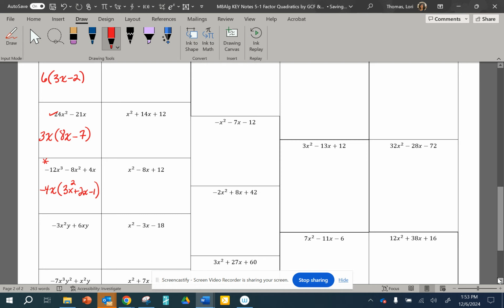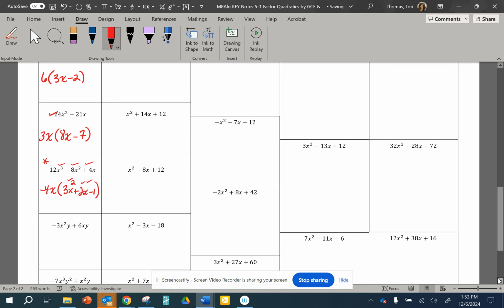If I start with a trinomial and I'm factoring out a GCF, I will still end with a trinomial. So these are my two factors, negative 4x and 3x squared plus 2x minus 1.